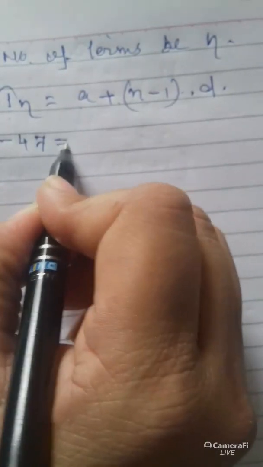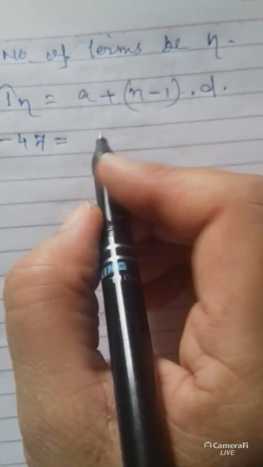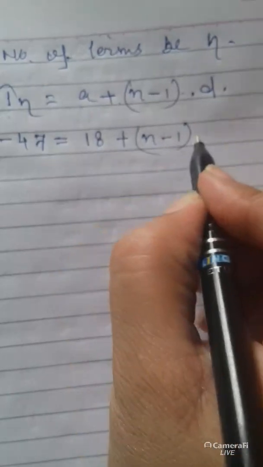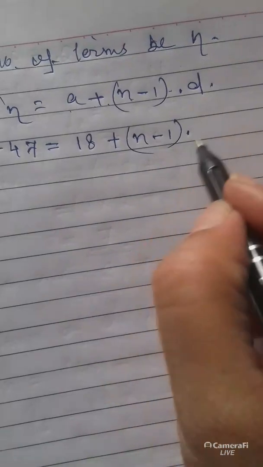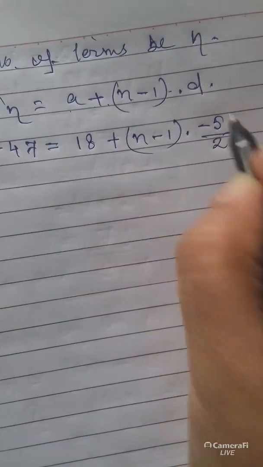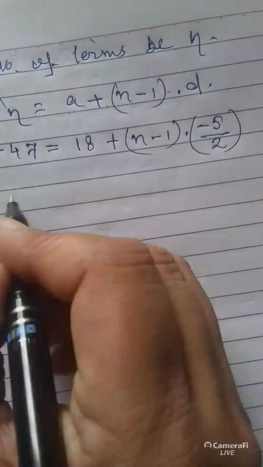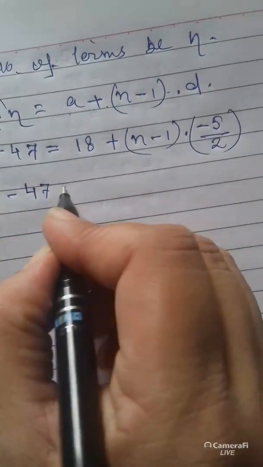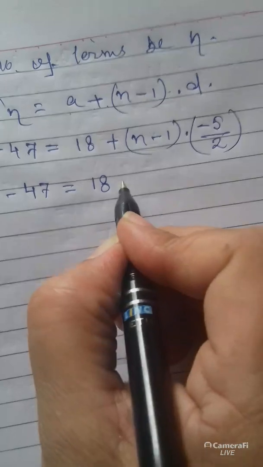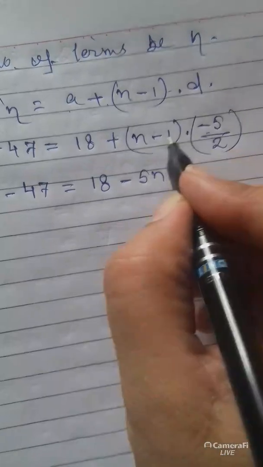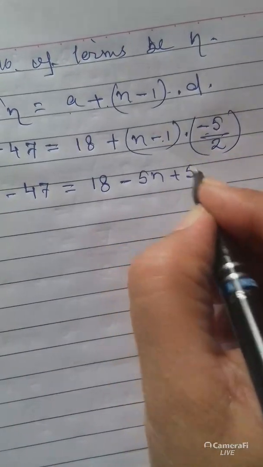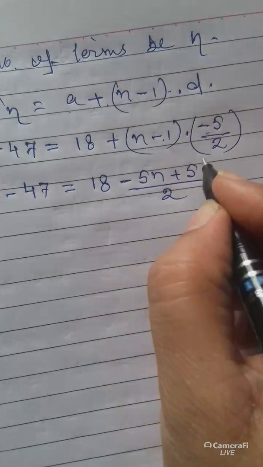Here nth term Tn equal to minus 47 equal to a, which is 18, plus n minus 1 into minus 5 by 2, d equal to minus 5 by 2. Now calculate it. Minus 47 equal to 18 plus minus 5n by 2 plus 5 by 2.